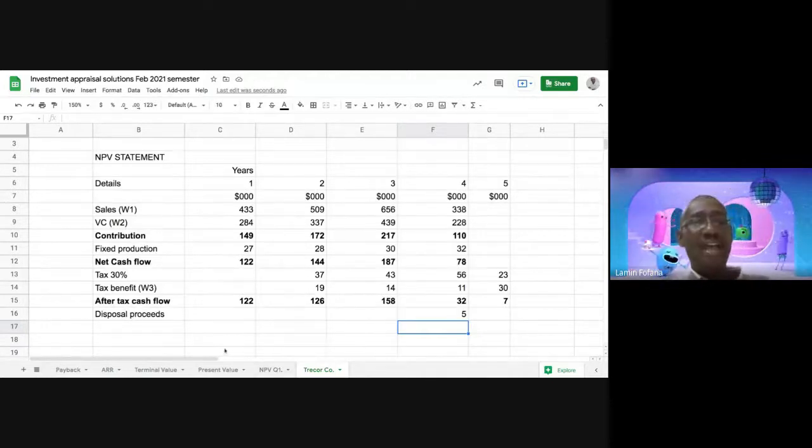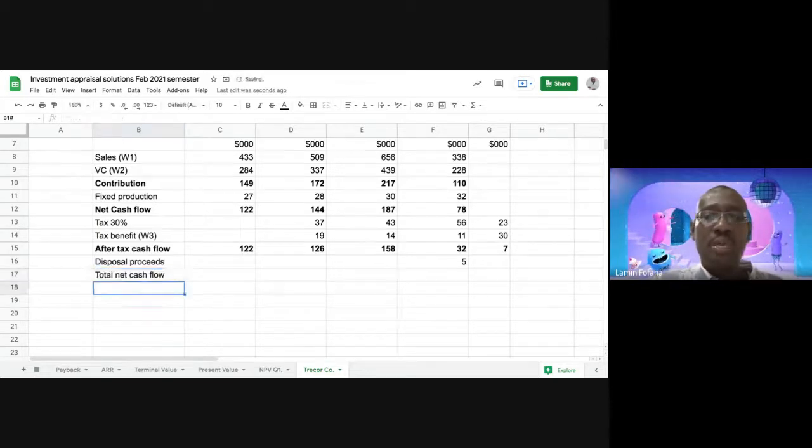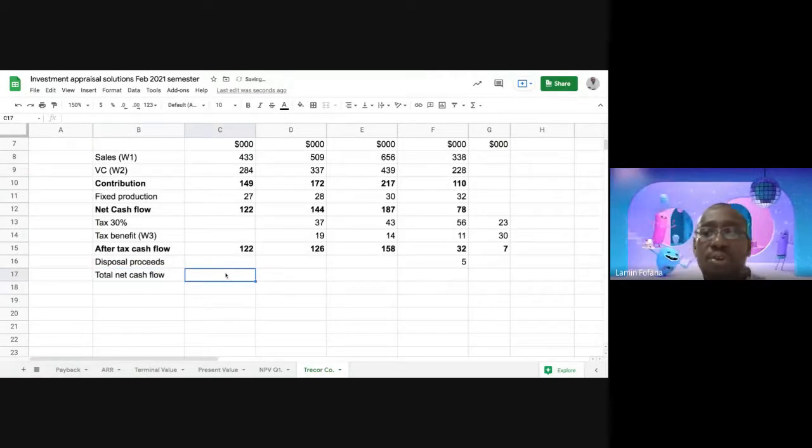Then let's have our total net cash flow. The total net cash flow will be our cash flow plus our disposal proceed.